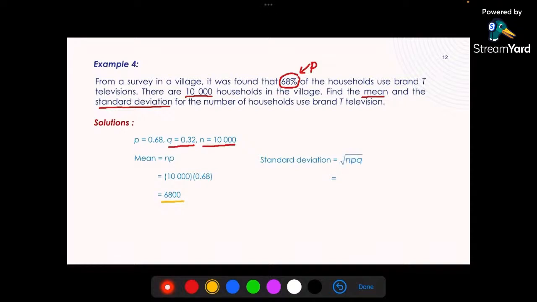So we write this formula and you get 10,000 times 0.68 times 0.32. Now you get the value here, 46.6476. Okay. So it is very easy to find the mean and also the standard deviation if we know the formula, and also if we are able to determine between binomial or maybe normal distribution.